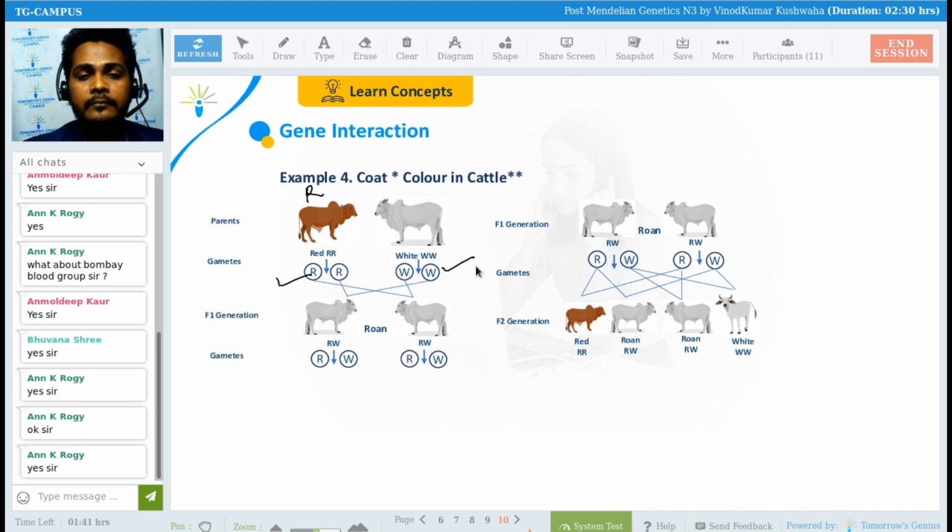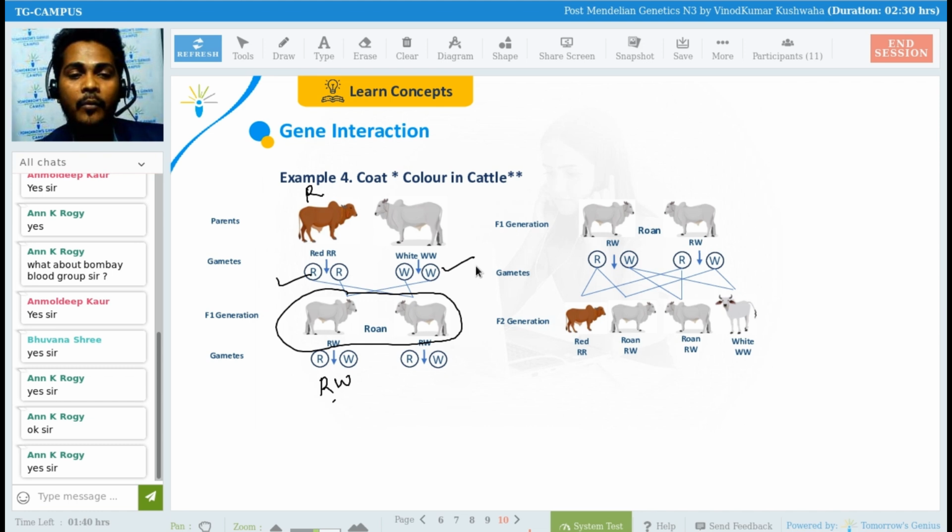So what happened when the red coat color cattle are crossed with the white cattle? Can you tell me what the hybrids are? The hybrid is called roan color with the genotype RW. So in the F1 generation all are roan color with the RW genotype.